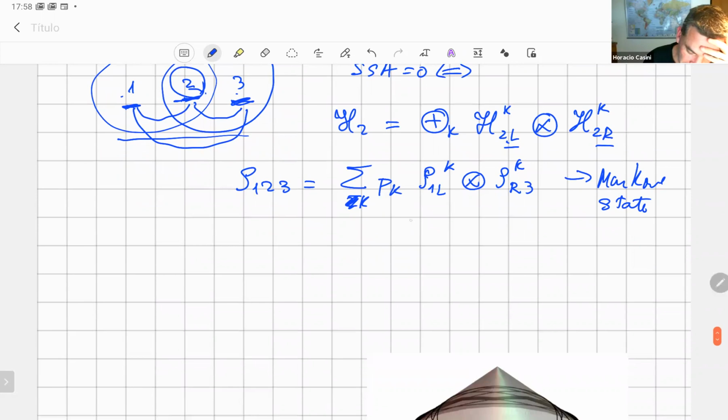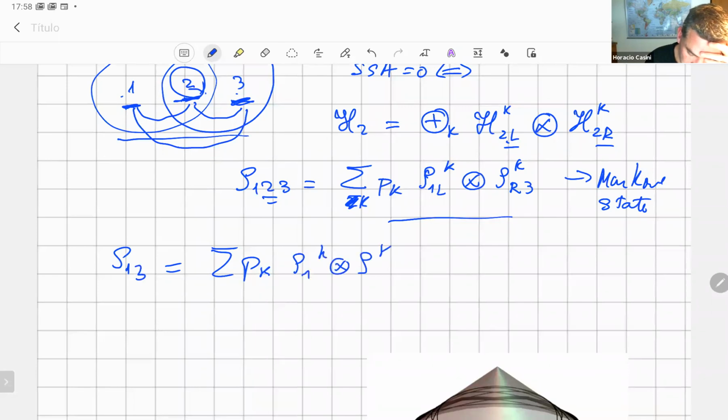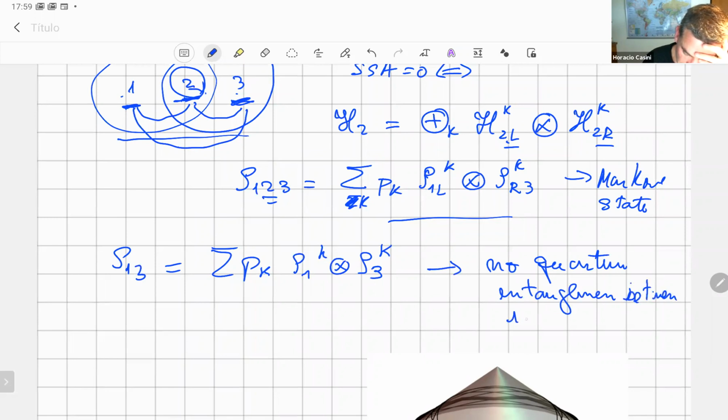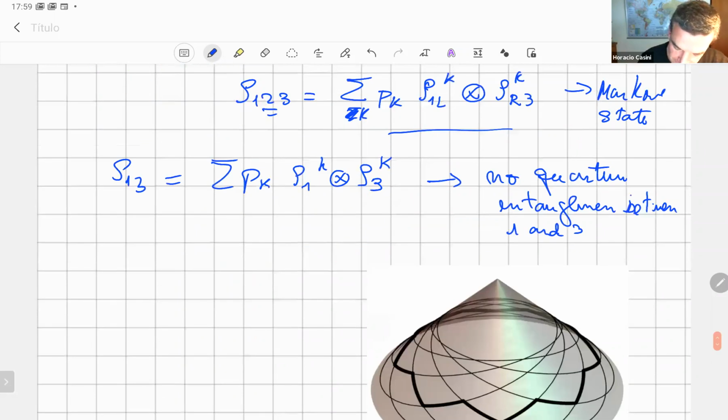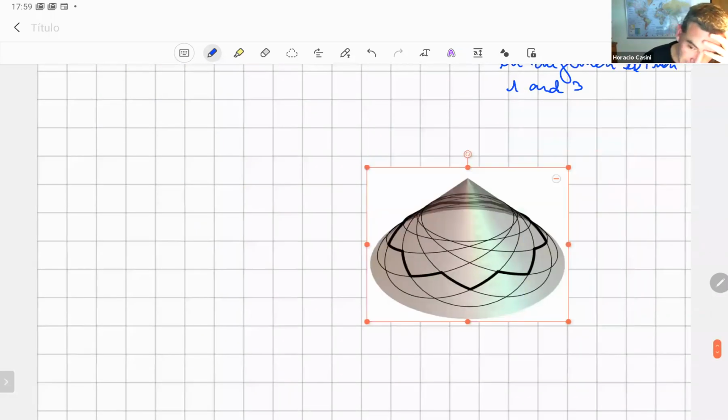Okay. Once we accept this structure, if you trace over region 2, you get that the density matrix in 1, 3 is just a sum of p_k rho_1k times rho_k3. And so there is no quantum entanglement between 1 and 3.